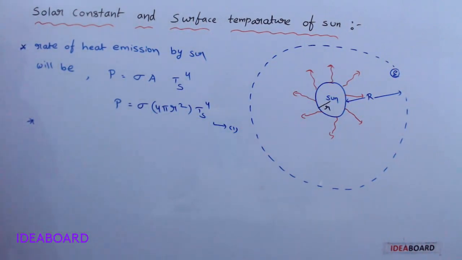Now here, heat radiations emitted by the sun are absorbed by the earth.